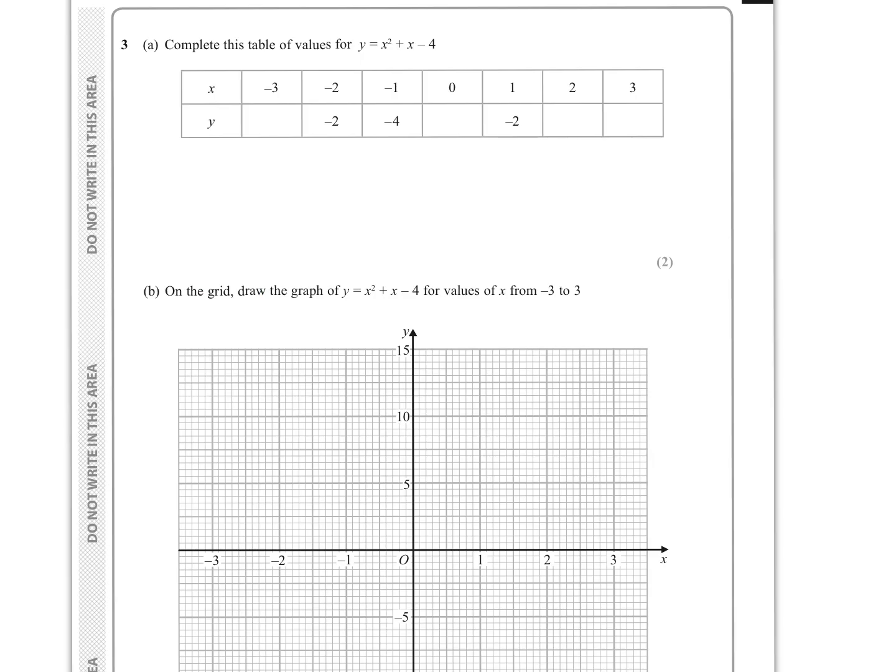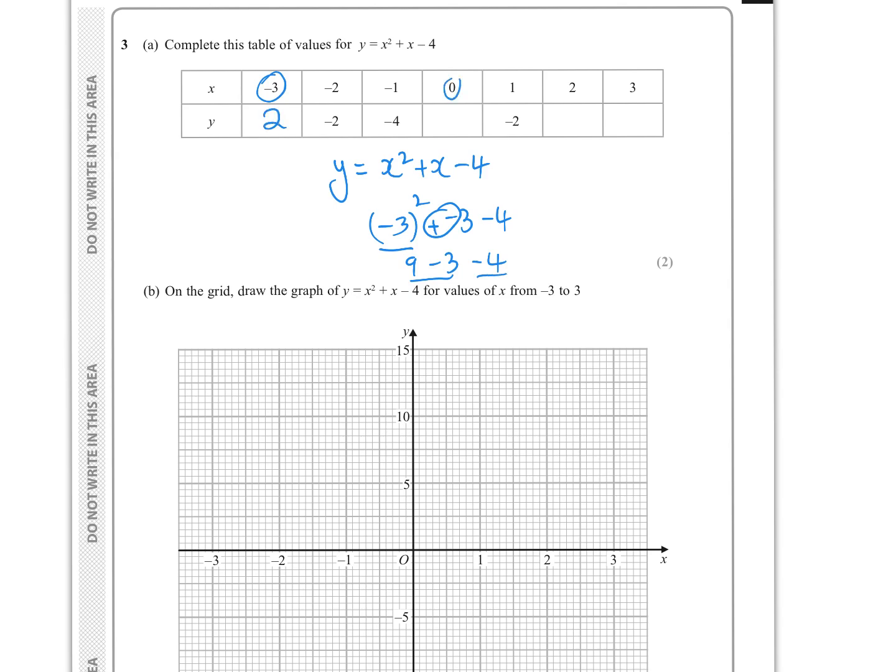Question 3. First of all, we're going to complete the table, and it's y equals x squared plus x minus 4. So for the first one here, that's going to be negative 3 all squared, which you can do on your calculator. I would put the bracket in if I was you. Plus negative 3 minus 4, well, that will be 9 minus 3 minus 4, which is 6 minus 4, which is 2.